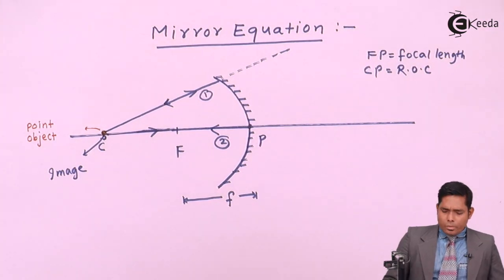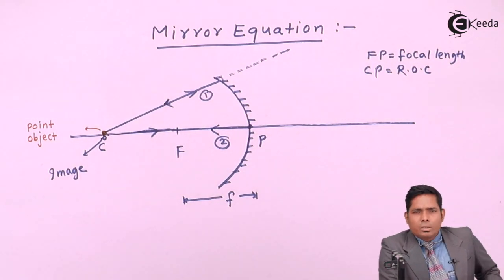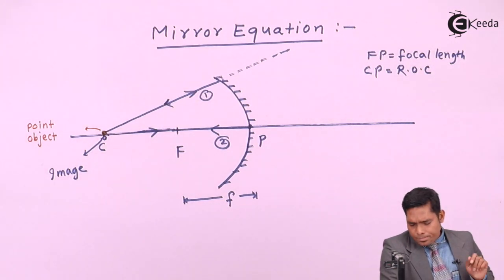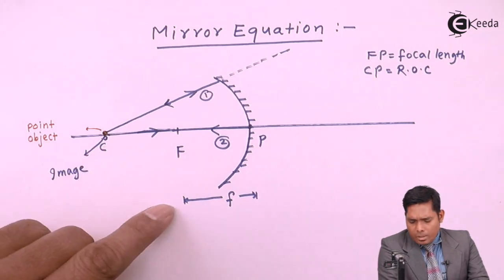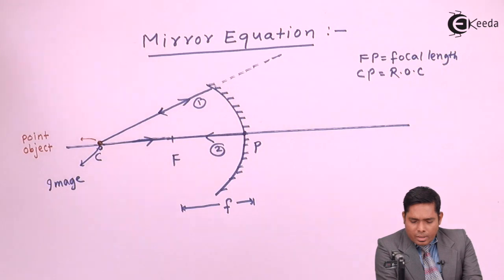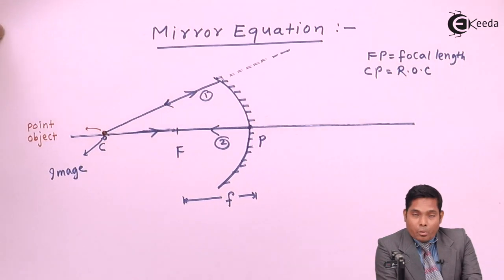Now we will consider a point somewhere other than the center of curvature. To derive the mirror equation or formula, we will consider a point object placed beyond the center of curvature.